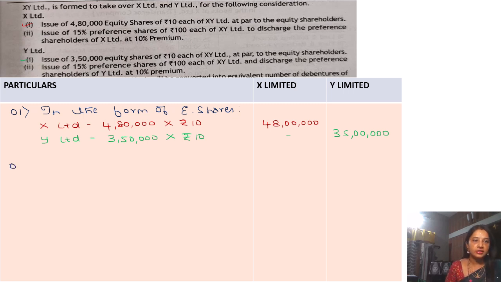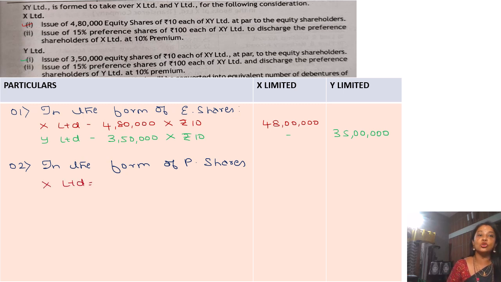Next, in the form of preference shares. Now for X Limited, if you look at X Limited's old balance sheet, preference shareholders have their share capital of 22 lakhs.